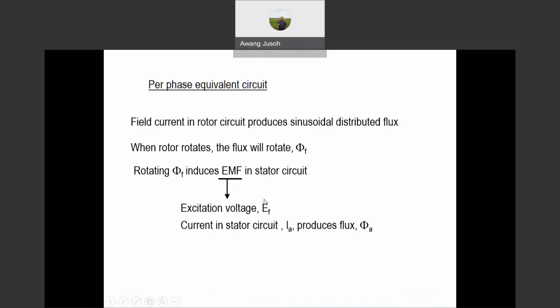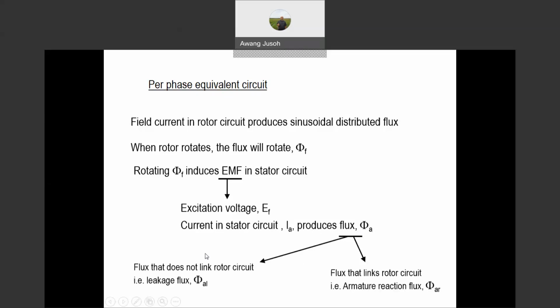Because we have voltage on the stator now, we then have stator current IA. IF generates IA in the stator part, so IA will flow in the stator conductor. So we have the current, and we get flux. This is Ampere's law: when we have current, we get flux. So IA produces flux A. The flux in the stator, flux A, can be divided into two main fluxes. The first is the flux that does not link to the rotor circuit.